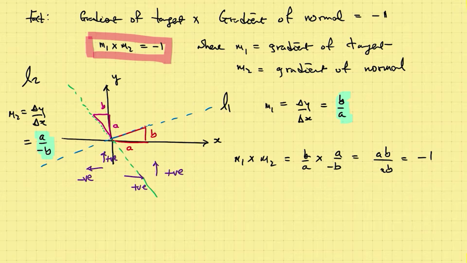Now that we have the necessary background in terms of the theoretical underpinnings, let's go on and answer that question. The equation is obviously y is 4x to the half, and the point is 9, 12, I believe.